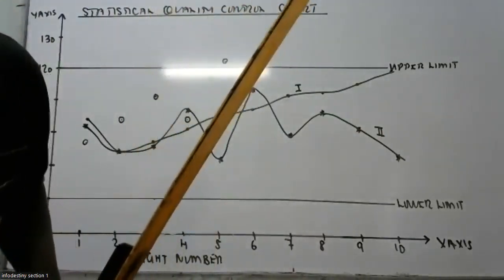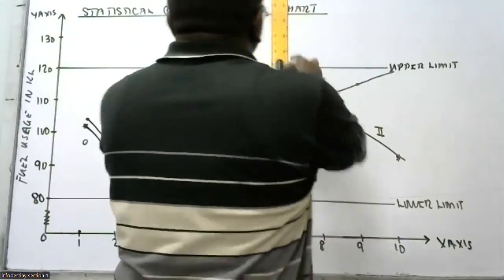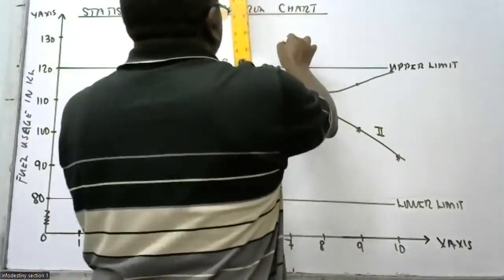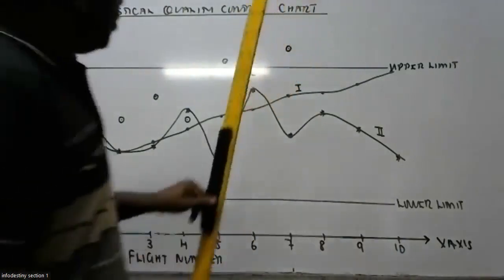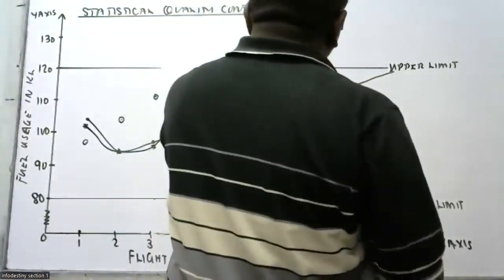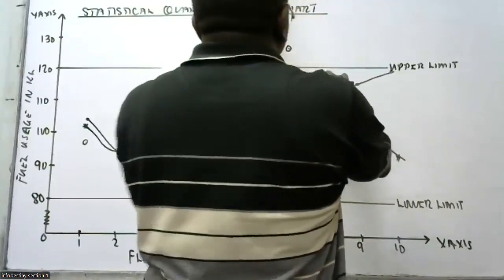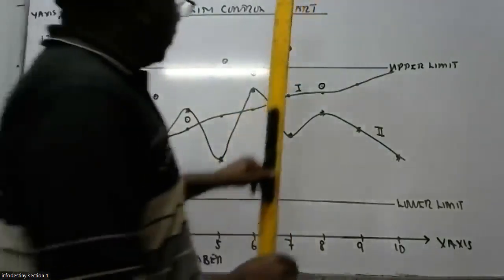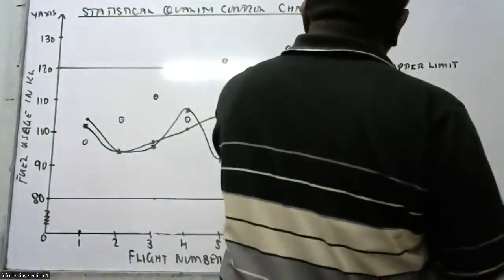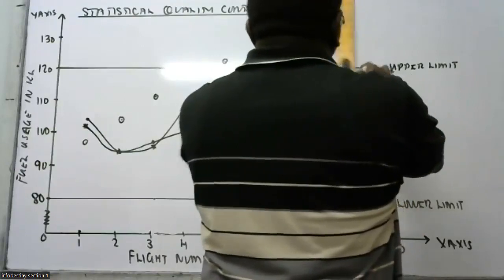The next is 126, here. The next one is 114, so it's here. The next is 117, 116, 117, somewhere here.